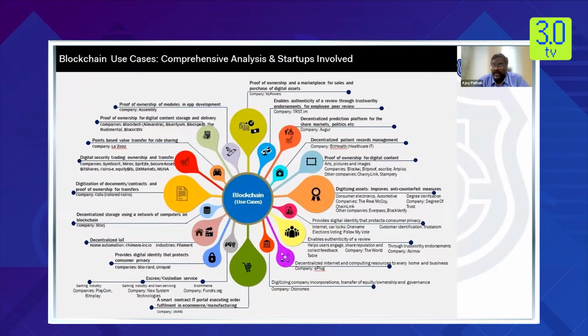In 2009, somebody came up. He called himself, or they called themselves, by a pseudonym, Satoshi Nakamoto. He said, okay, now people can come together and engage in a transaction without involving a central trusted third party.